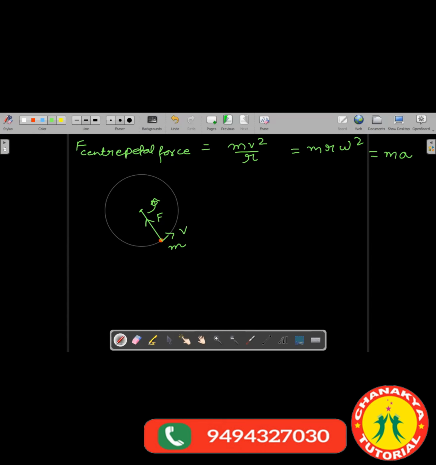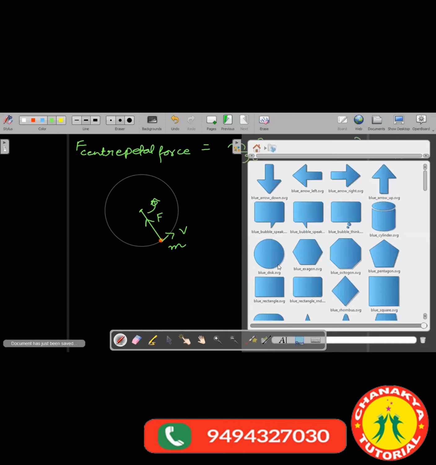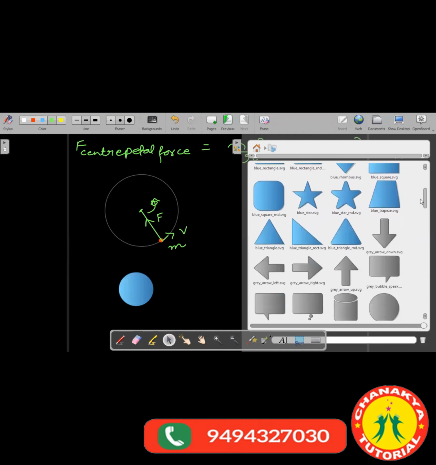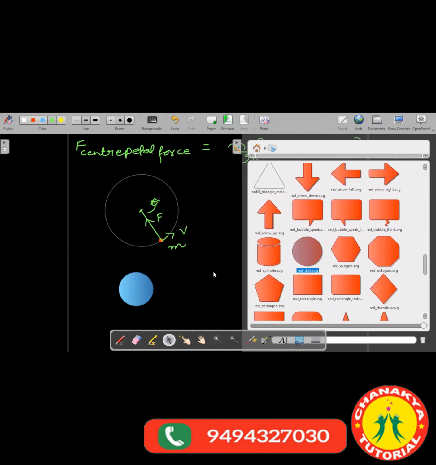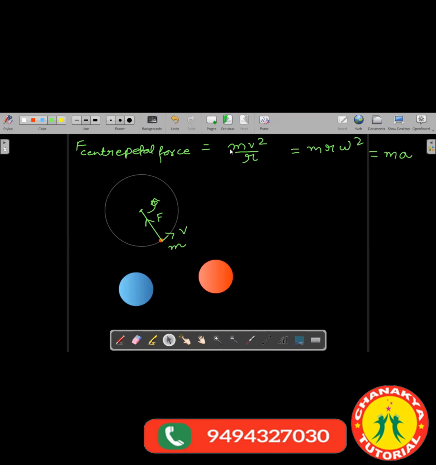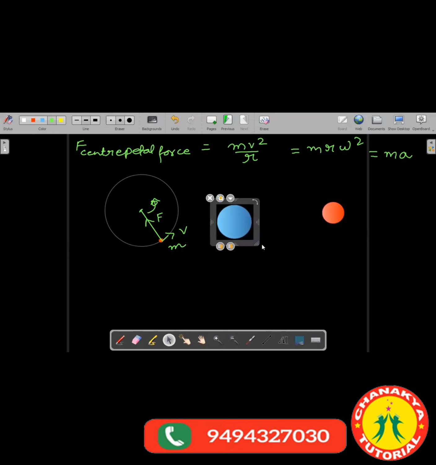In a similar way, if you consider the rotation of Earth around the Sun, the rotation of Earth around the Sun is also a circular motion, and during this circular motion, whatever centripetal force is required is provided by the gravitational force of the Sun.